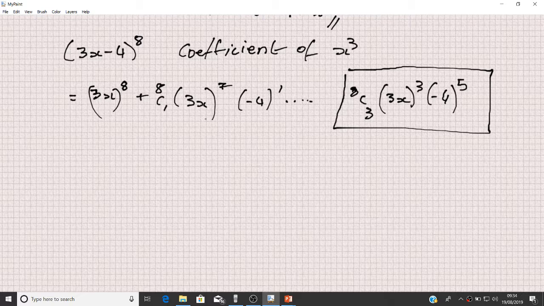So the coefficient itself, 8C3, 3x. We don't include the x, so we just go 3 cubed and negative 4 raised to the power of 5.